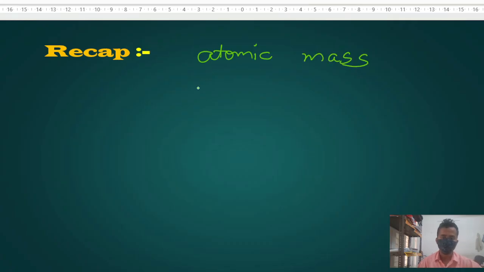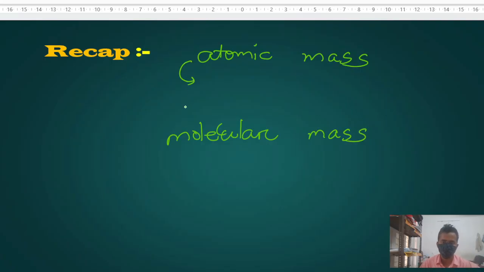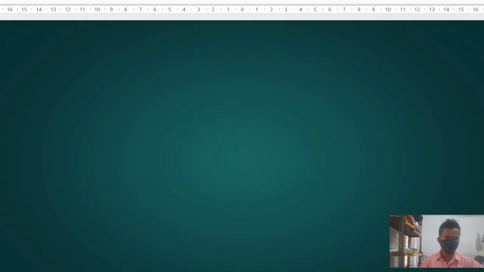In lecture number 2 we covered molecular mass, and under atomic mass we discussed gram atomic mass or number of gram atoms, and under molecular mass we discussed gram molecular mass and number of moles.